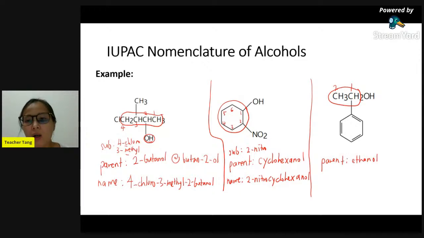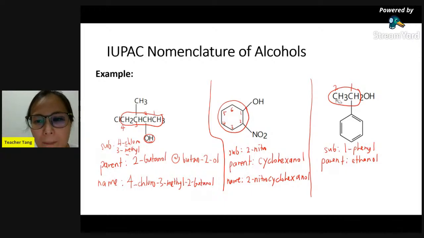Because there are only 2 carbons, you don't need to put ethan-1-ol. And for this substituent, we have 1-phenyl. You need to put 1 here because phenyl can be at the second carbon, but here it is at the first carbon, so it's 1-phenyl. Therefore, the name of this alcohol is 1-phenylethanol.